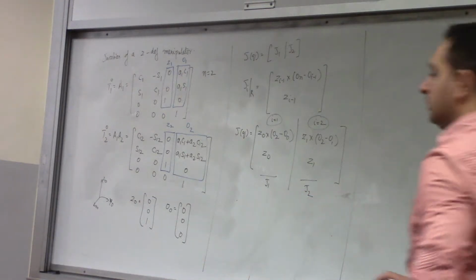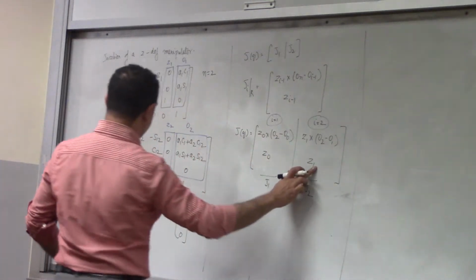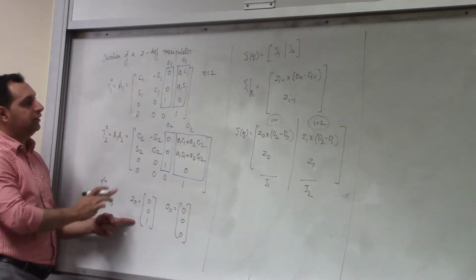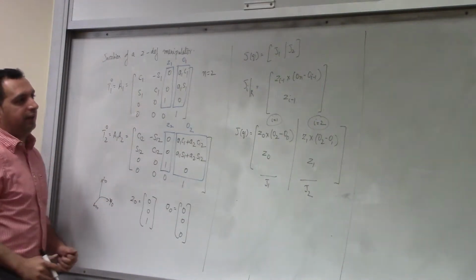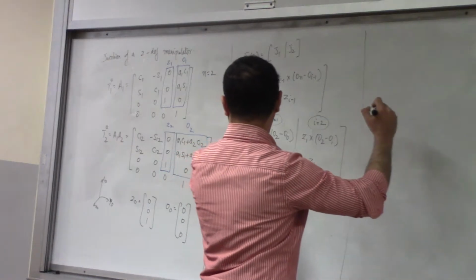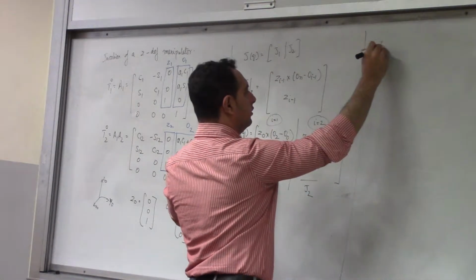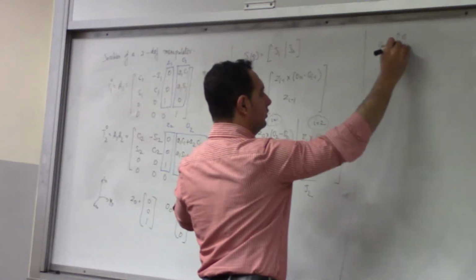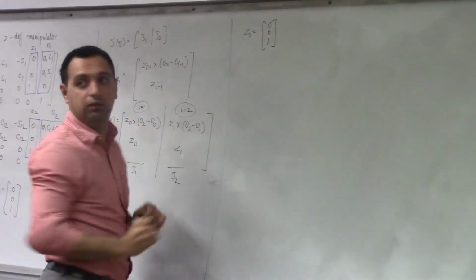So if you look at this column, Z0 and Z1 are already given, so you don't need to find Z0 and Z1, you already have that. So you know Z0 is equal to, right?